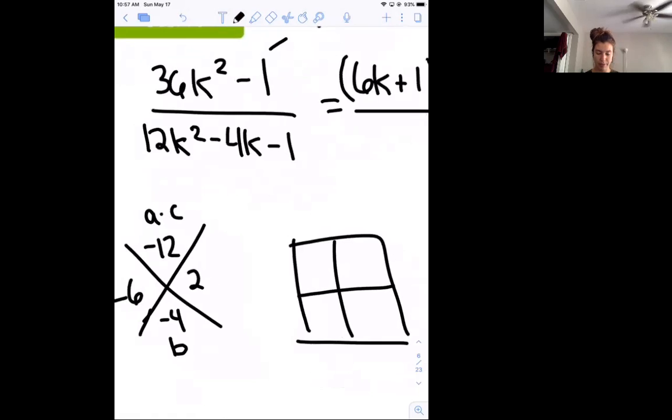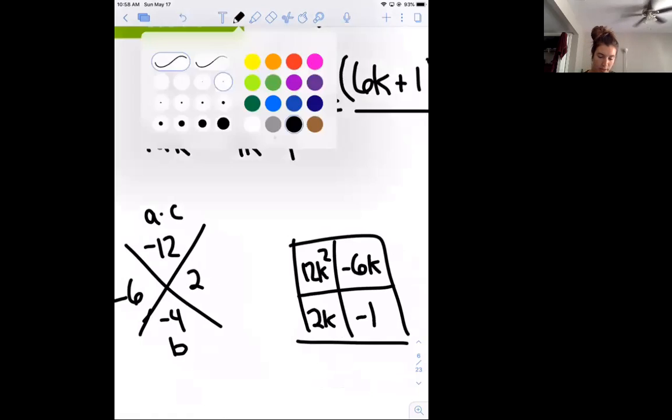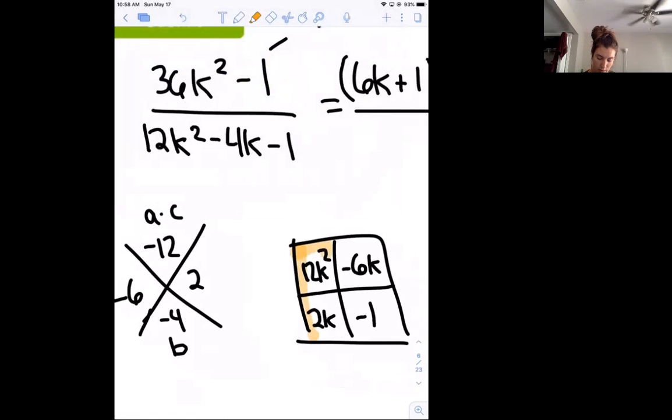Okay, and so to fill in my box, I'm going to put 12k squared, -6k, 2k, and then -1. And now you just go ahead and find the greatest common factor for each row and column. So let's start with this row right there. 12k squared and 2k both have a 2k in common. -6k and -1 have a -1.